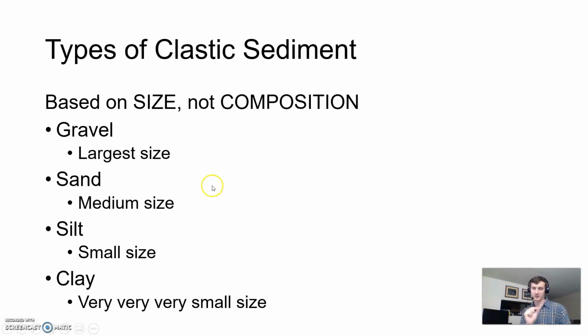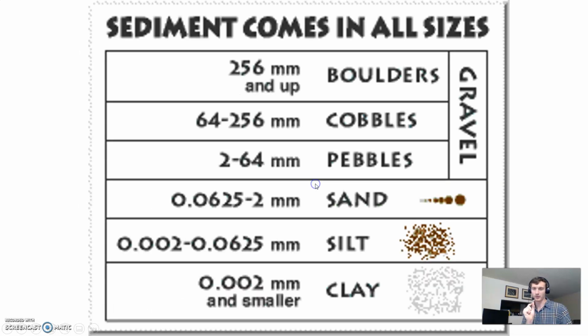That's important to distinguish here. Clay is confusing because it refers to two different things. When we talk about clay minerals, we're talking about a certain type of mineral. But we can also use the word clay to refer to these very, very small particles. Two different uses of that same word.